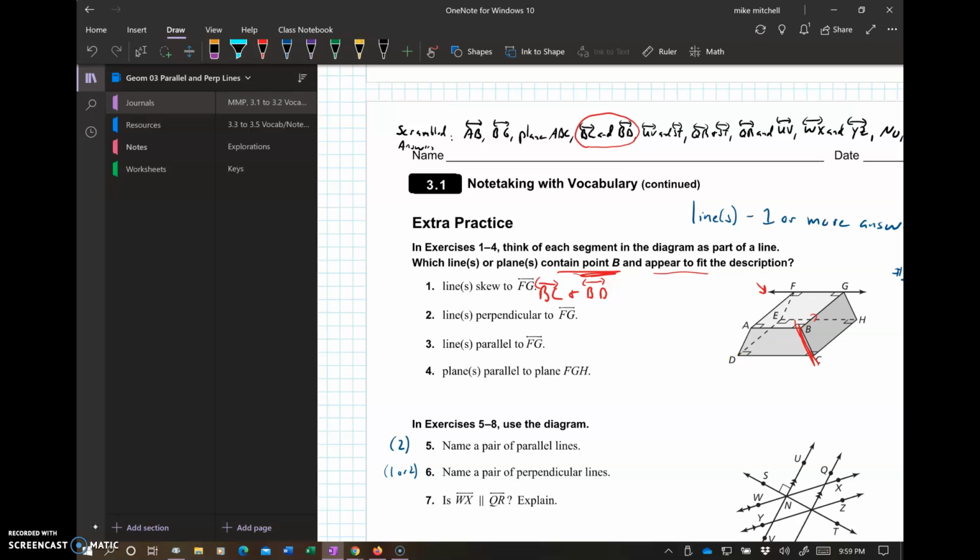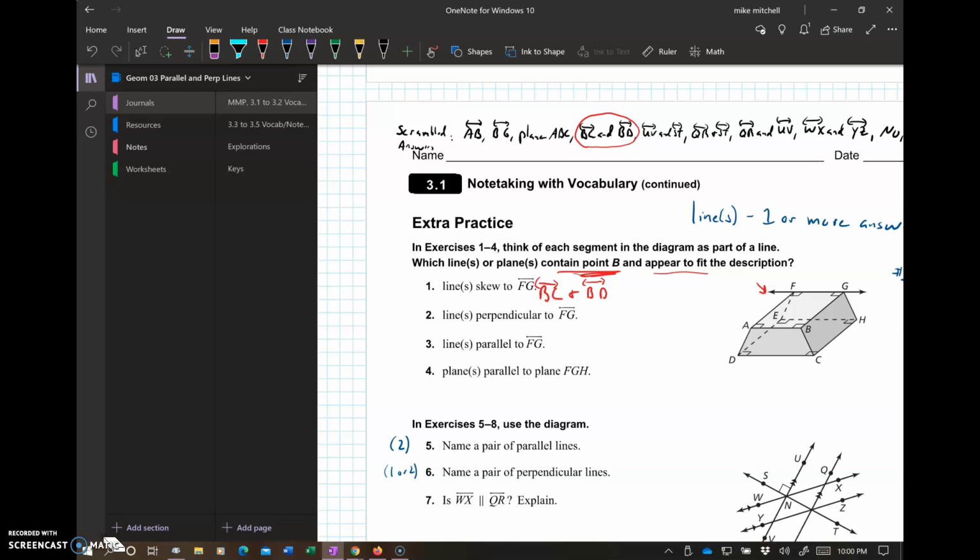Because that also means they could have had BH. They could have had BE in there. And those would have been skew lines too. So I don't know why they included BD in there. I don't expect you to get all those ones that aren't drawn in the diagram. That's going to make this a little harder to check too.